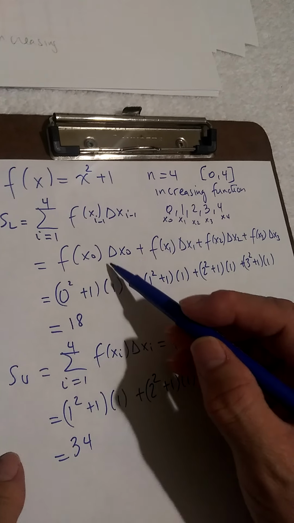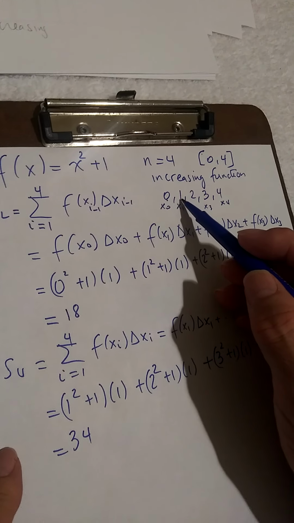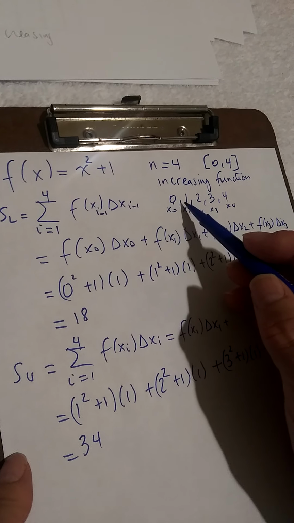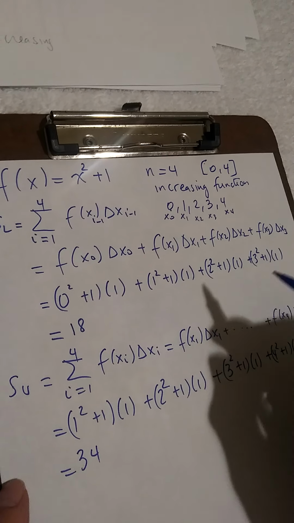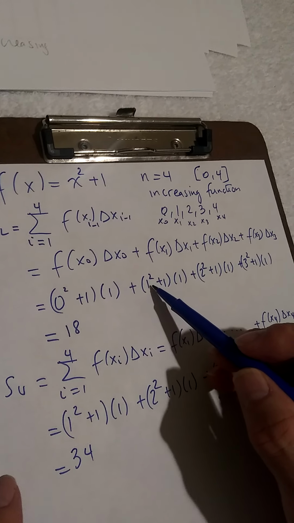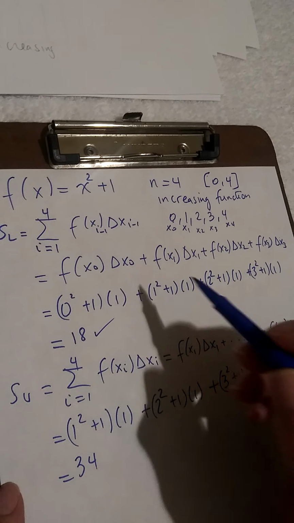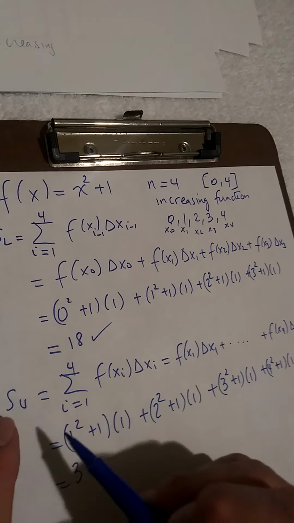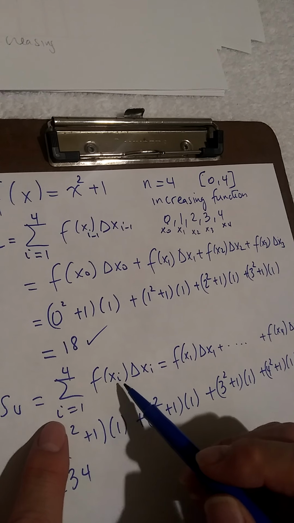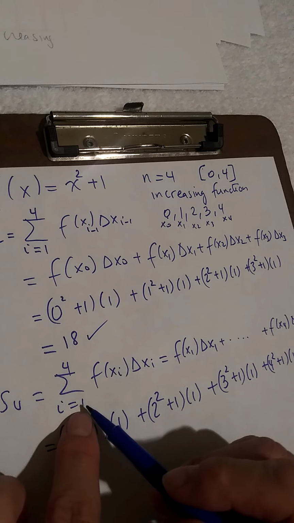Why 1? Because delta x is the gap: 1 minus 0, 2 minus 1, 3 minus 2, 4 minus 3. Delta x is equal to 1. 1 squared plus 1 times 1, etc. When you calculate this, you get 18. For the upper sum, it starts at xi, and i is 1.